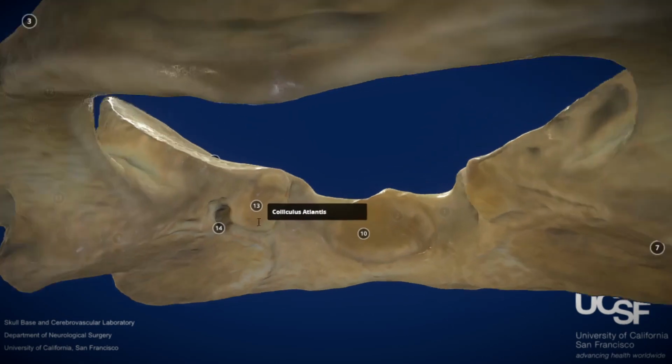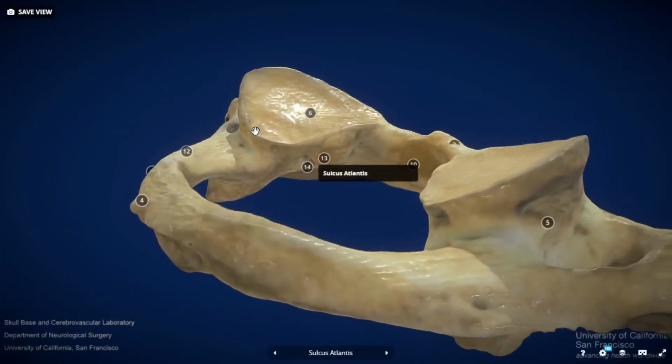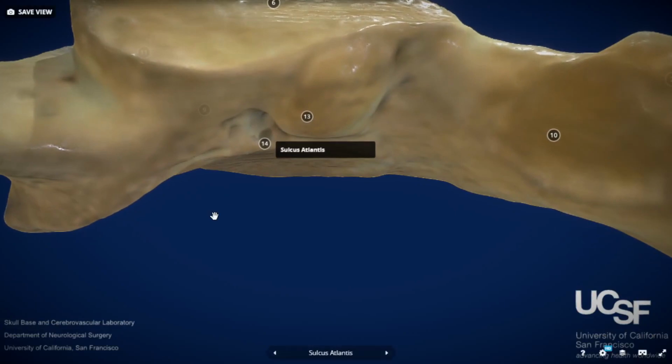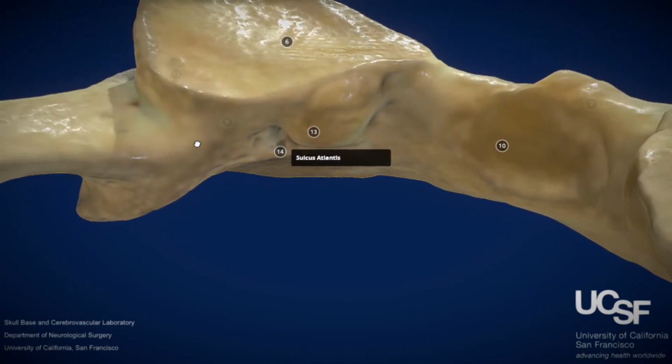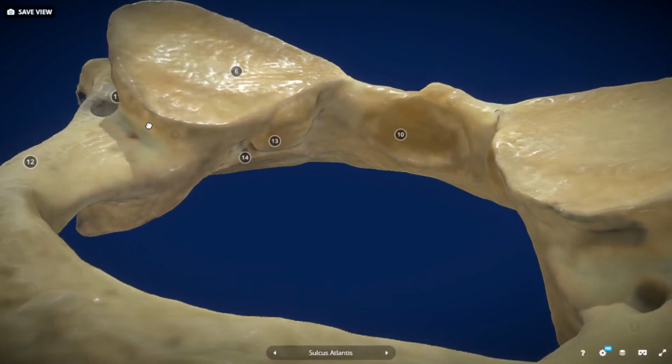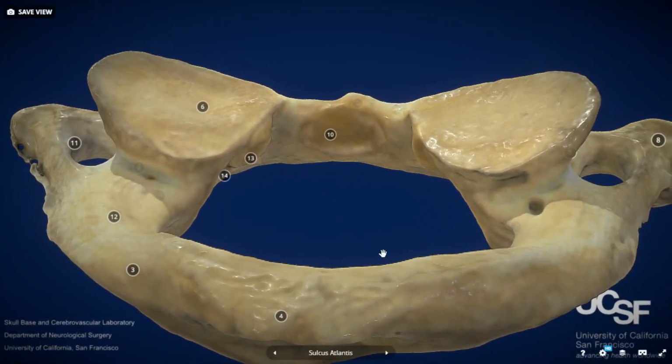Posterior to the colliculus atlantis, we have the sulcus atlantis, a foramen where a branch from the vertebral artery travels through, providing blood supply to the lateral masses of C1.